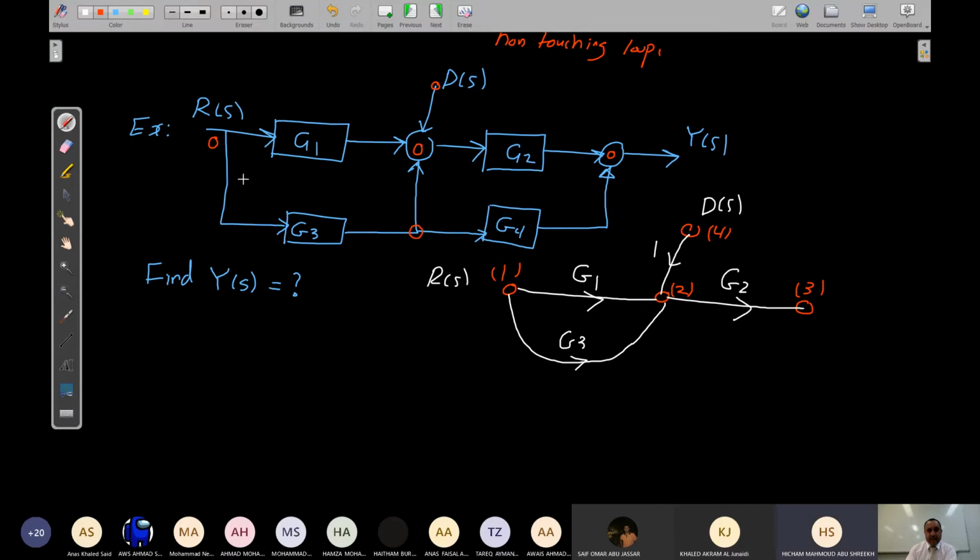In this case, the branch is G3, then 1. Or simply you are saying that the path gain from R to Y is G3, G4, correct?